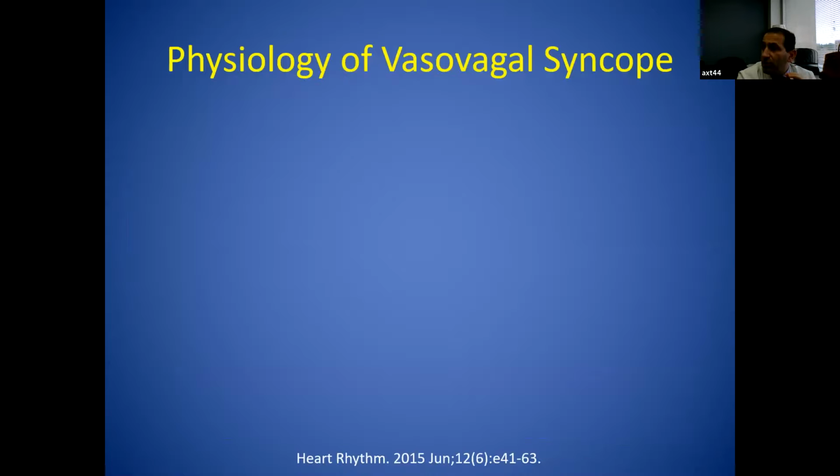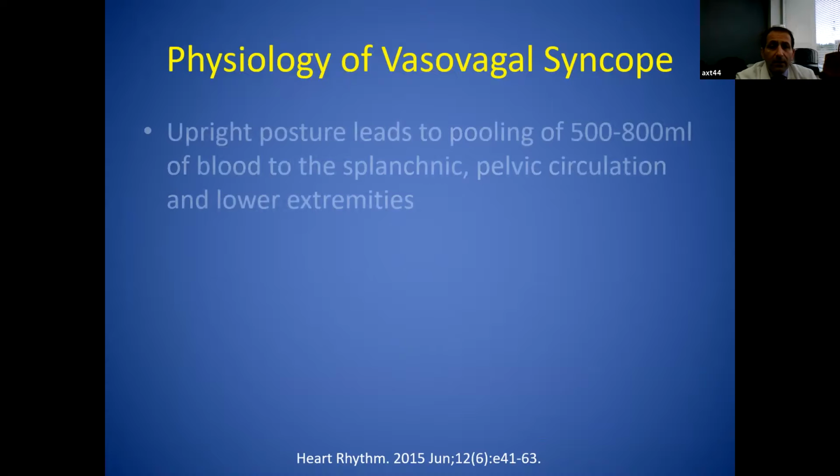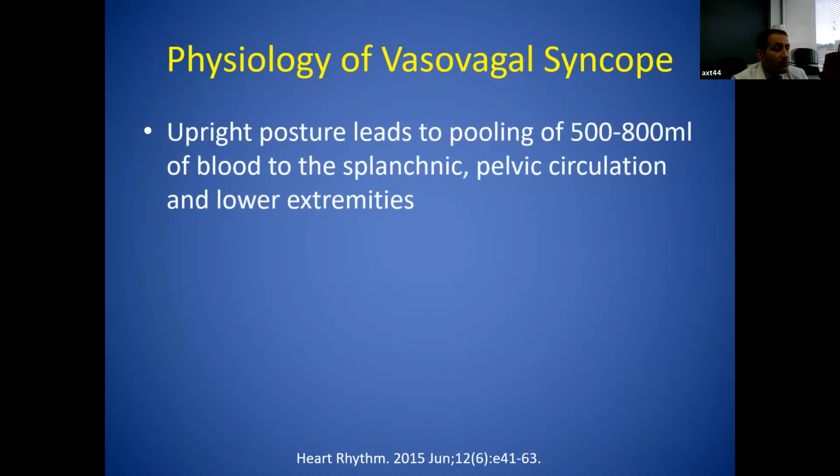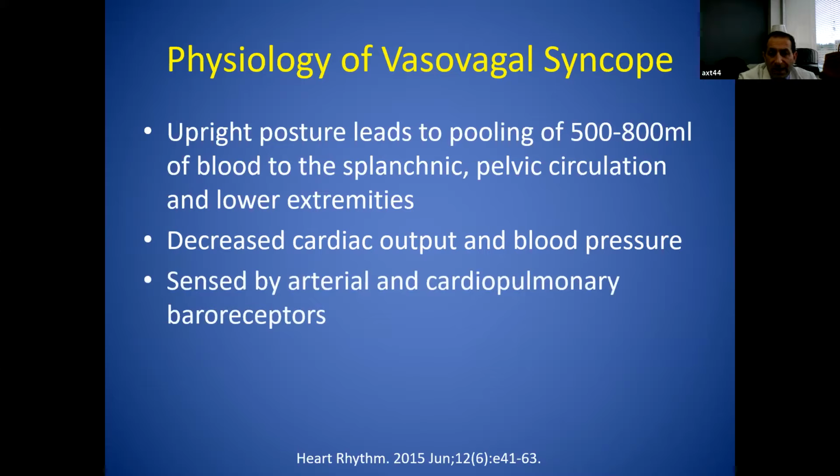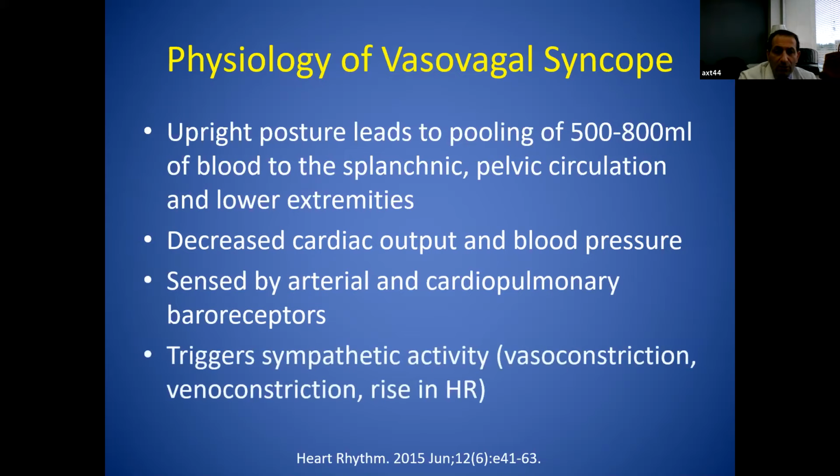In terms of the physiology of vasovagal syncope, the upright posture leads to pooling of blood. About 500 to 800 ml of blood can end up in the splanchnic circulation or in the pelvic circulation and lower extremities. And that leads to decreased return to the right atrium and ventricle, decreased cardiac output and blood pressure. That is sensed by the arterial and cardiopulmonary baroreceptors, which trigger sympathetic activity, vasoconstriction, venoconstriction, and a rise in heart rate.